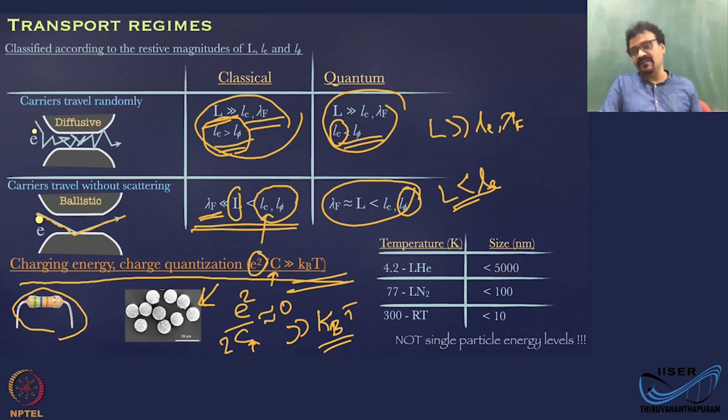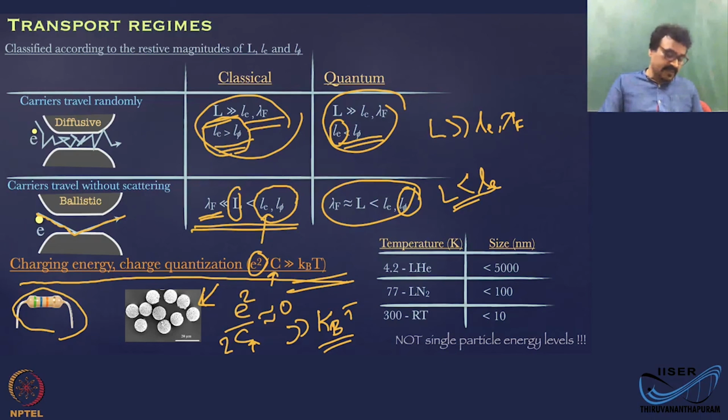If it is liquid nitrogen temperature, then you need to be in a regime where the size is less than 100 nanometer. But if the size is less than 10 nanometer, a few nanometers, then you can see this phenomenon even at room temperature, this charging and discharging event.